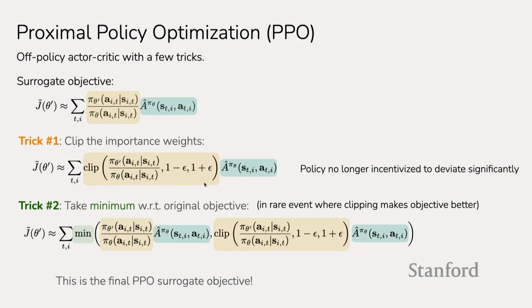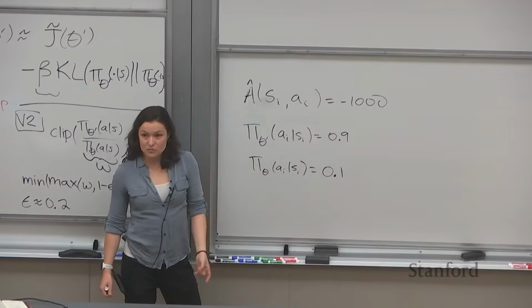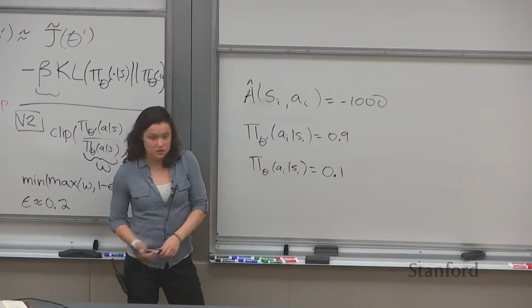So you're asking, why don't we just clip above and not clip below? There is actually an analogous version of this. If you just make this negative and flip these, the clipping could also make the objective better.